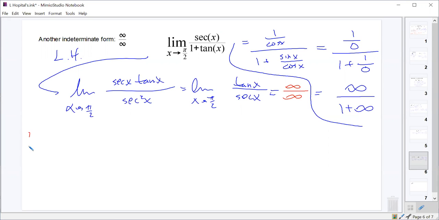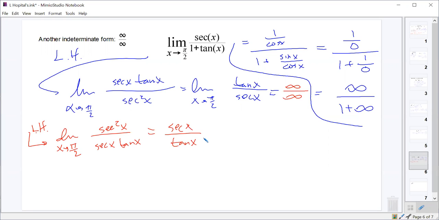So if we use L'Hopital's rule again, we're going to get the limit as x approaches pi over 2 of derivative of tangent is secant squared. Derivative of secant is secant tangent, which is just secant over tangent, which is infinity over infinity.